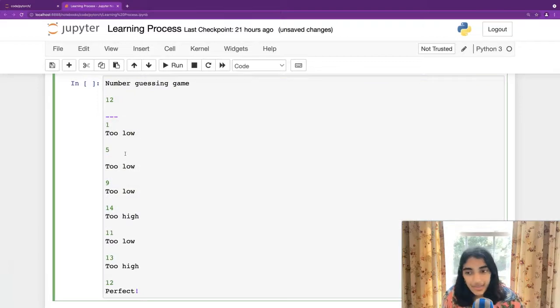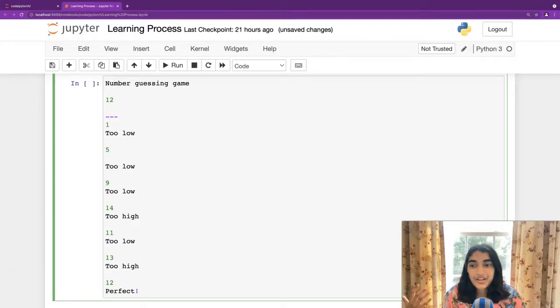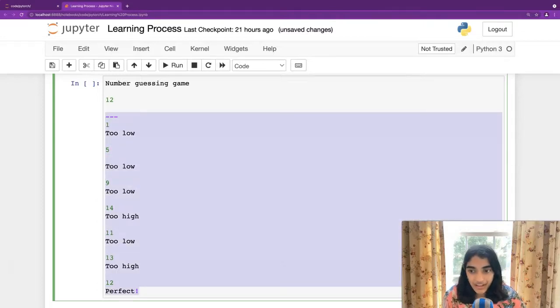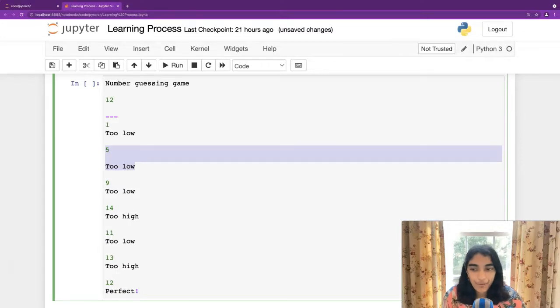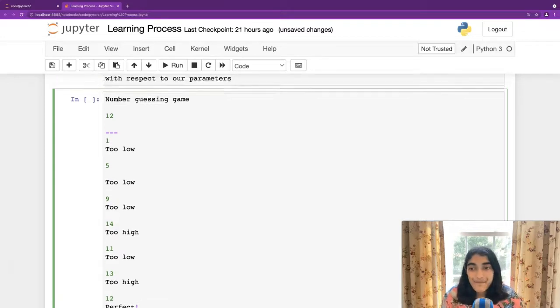We try things, it doesn't work out, we try another thing, in an educated way. We're not doing this blindly. When we say 5 is too low, we didn't pick 4, because that would also be too low. So we're being smart about how we're guessing.